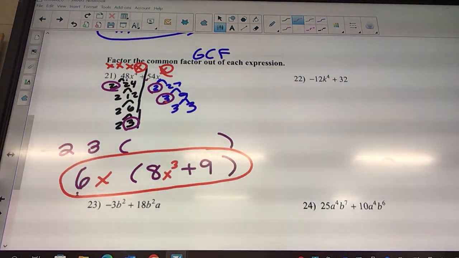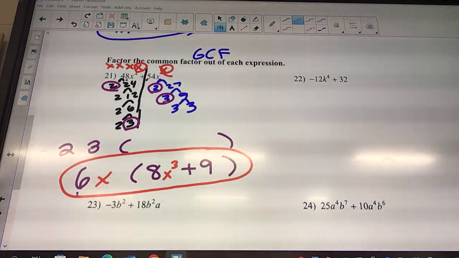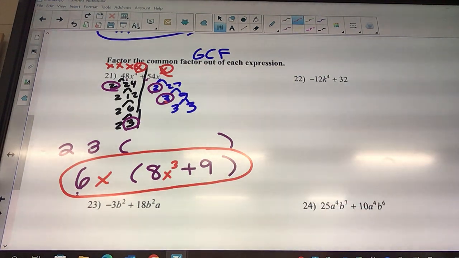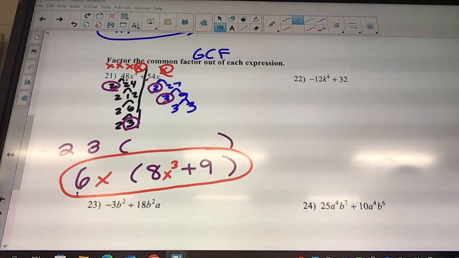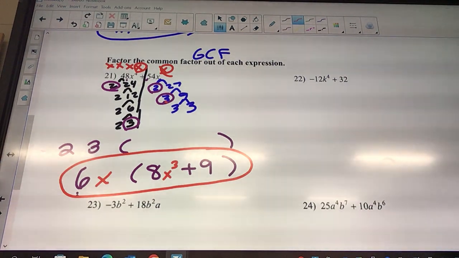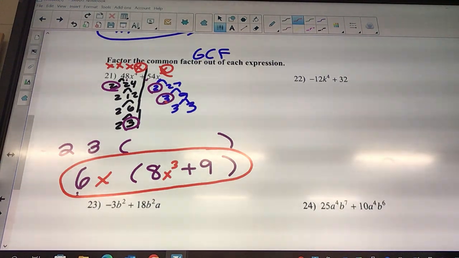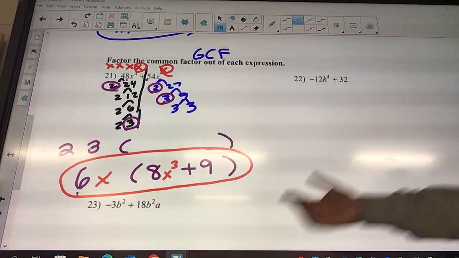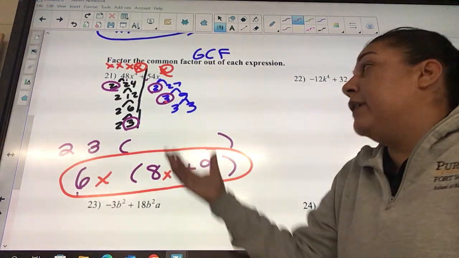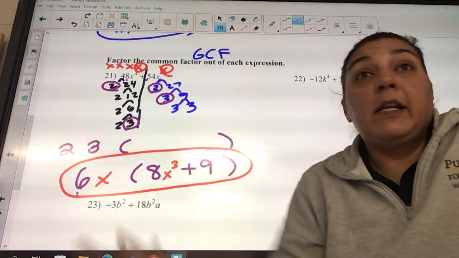Now, let's pause for a second because I feel like some of you guys really struggle with the GCF, and that's totally fine. If you are struggling with these, do what you can do. If you know how to do the letters but not the numbers, do the letters. But for some of you guys to leave stuff totally blank, it's crazy because you can draw parentheses. If you know how to just make the tree, make the tree.